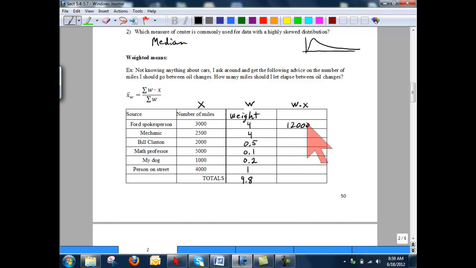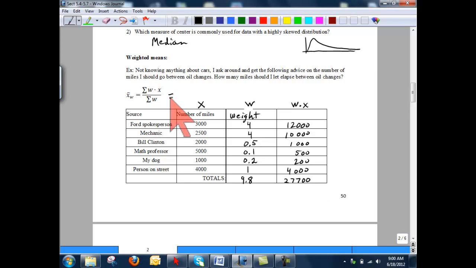Here's 12,000, 10,000, 1,000, 500, 200, and 4,000. And then the formula tells me to add those together, and I get 27,700.